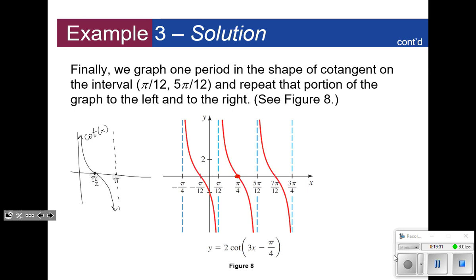So we squeezed the period and then shifted right. So from here to here is pi over 3. 5 pi over 12 minus 1 pi over 12 is 4 pi over 12, which is 1/3 pi, or pi over 3. Okay, I hope that makes sense.